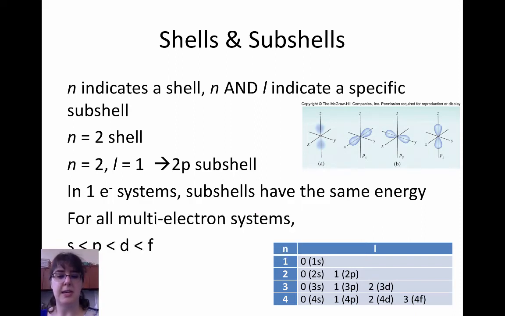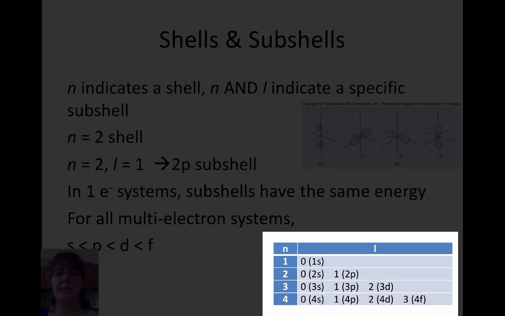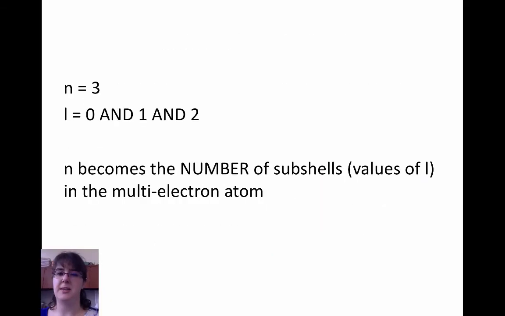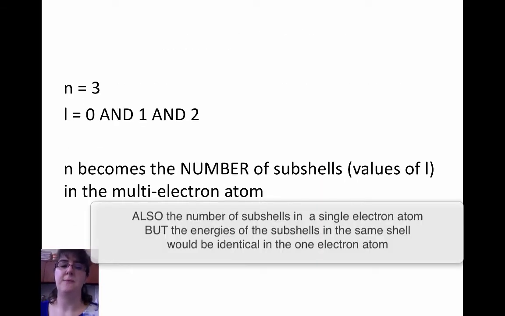You can also see in this little table that as your value of n increases, the number of values you have for L also increases. Let me say that one again. If we had, for example, an n equal to 3, L would be equal to 0 and 1 and 2. So when you have n equals 3, you actually have 3 unique subshells inside of your shell n equals 3.